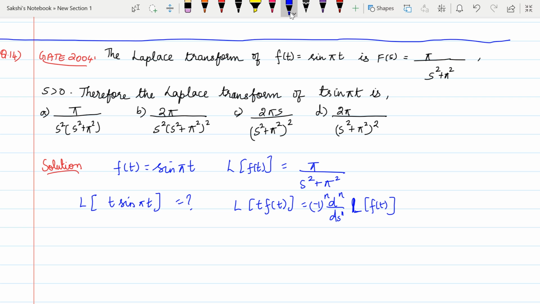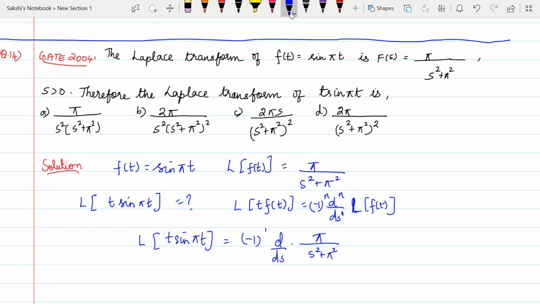Right. So we know the Laplace transform of sine pi t, and t has power 1. Therefore, for t sine pi t, we can write it as (minus 1) the whole power 1, d by ds into pi divided by s square plus pi square.